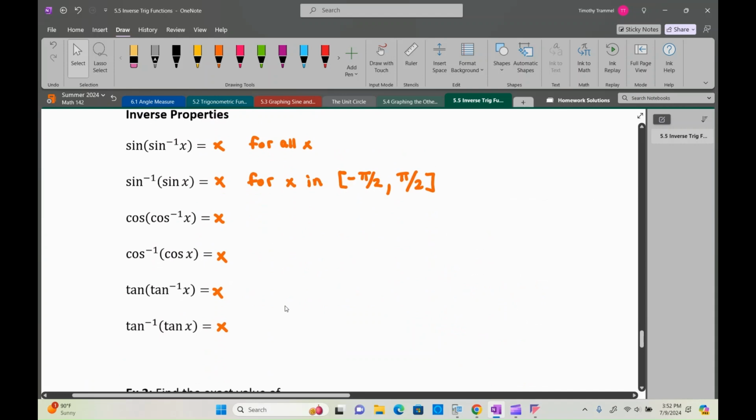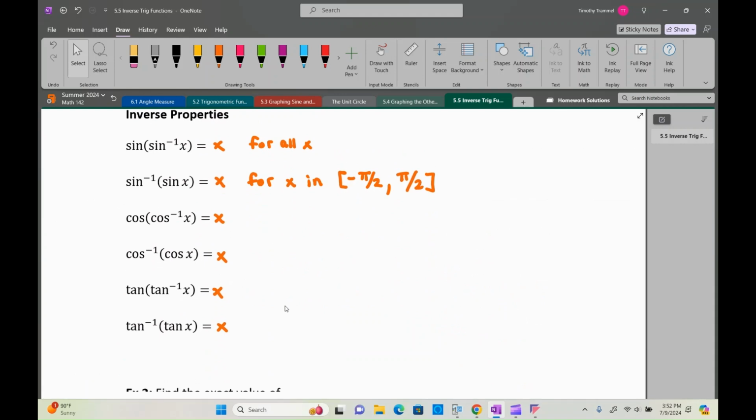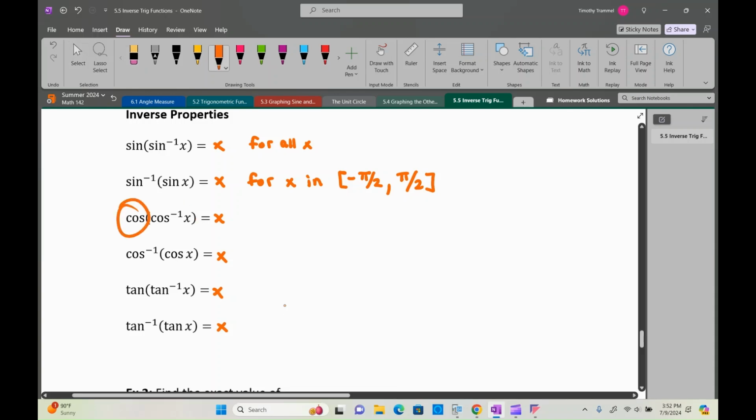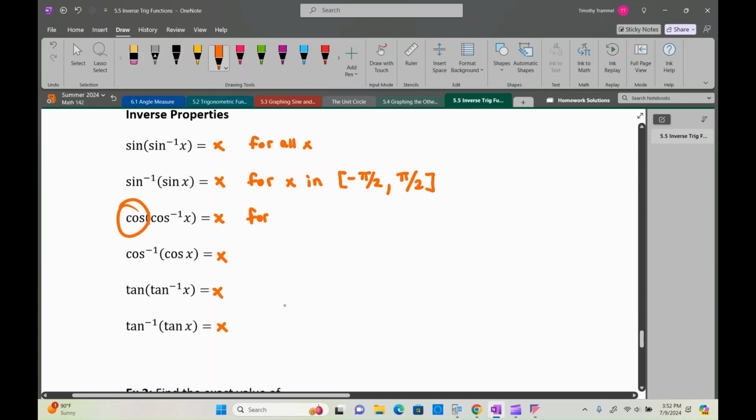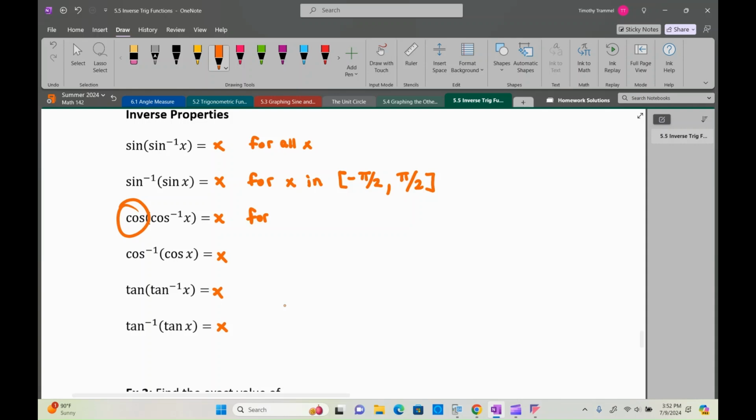All right, so for cosine of cosine inverse of x, well, we can take cosine inverse of x, and then you can take cosine of any angle. So this one's going to work fine for all x. I should be a little bit more specific when I say for all x, because you might be asking yourself, what kind of x's can you actually plug into sine inverse and cosine inverse?